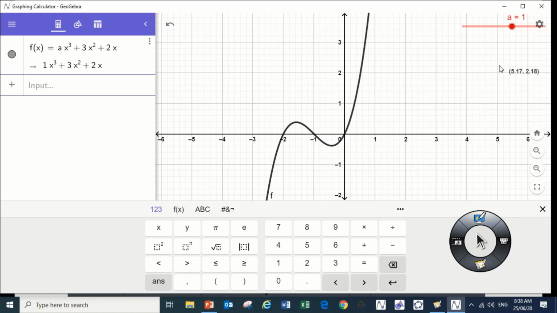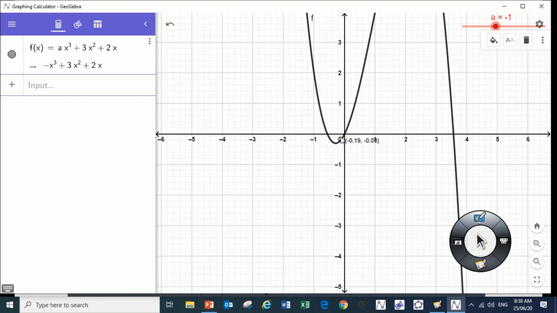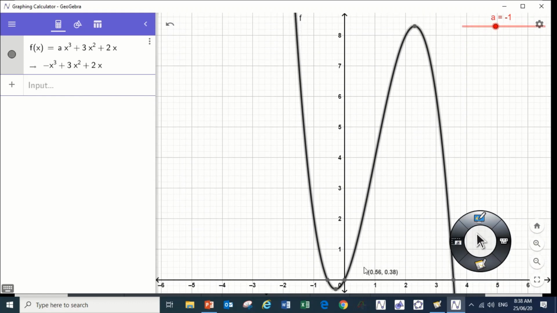Then, if I move the slider, say to the left, I'm going to end up having a graph which is concave up and then concave down because the a value is now negative. So the shape changes from having a maximum turning point towards a minimum.